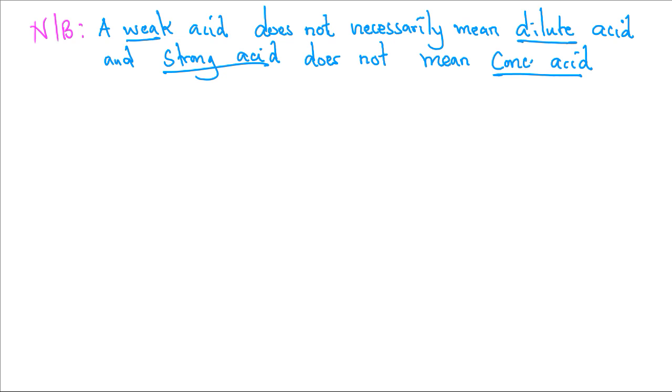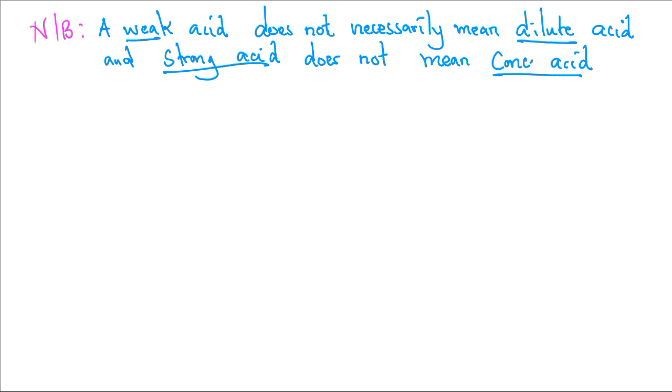This therefore means that ethanoic acid, which is known to be a weak acid from what we have learned today, can be said to be concentrated. That is, when there are higher moles of the acid in a given volume. So it is said to be concentrated.